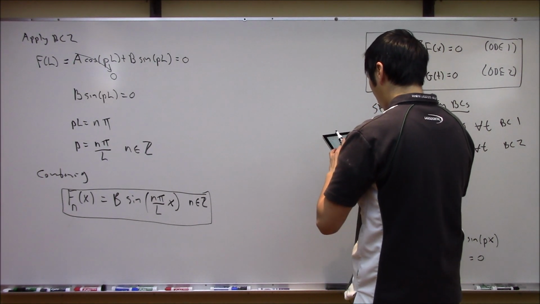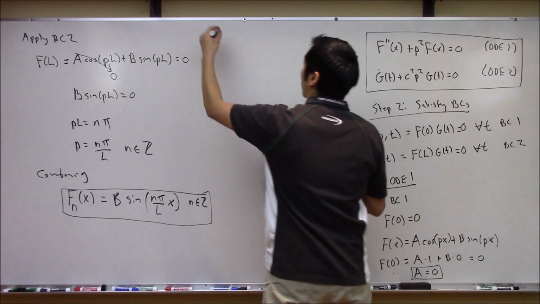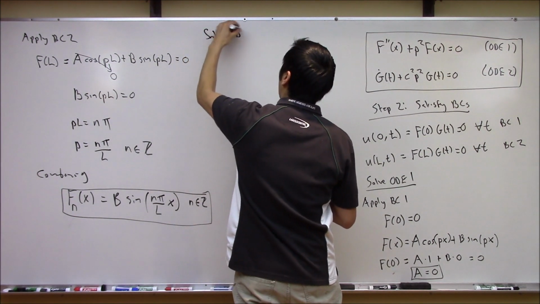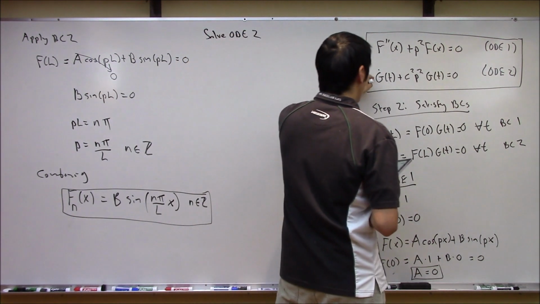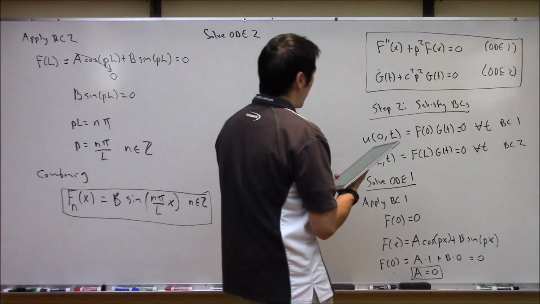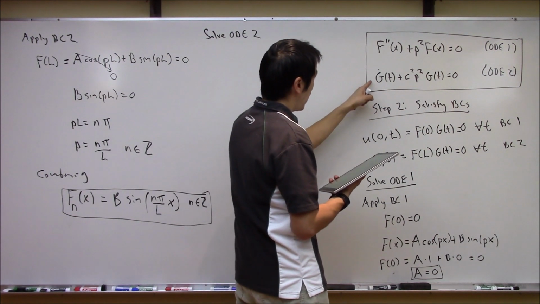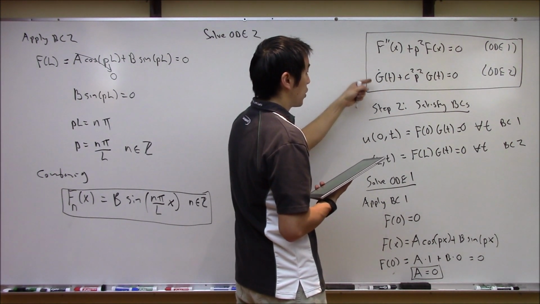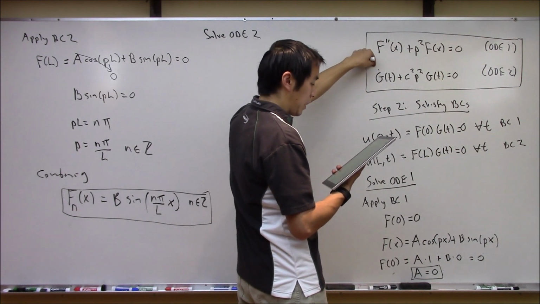Okay, so let's now solve ODE2. If you stare at this ODE long enough, you see that it's actually a first order linear homogeneous ordinary differential equation. It's first order because I only see a single dot, g dot.